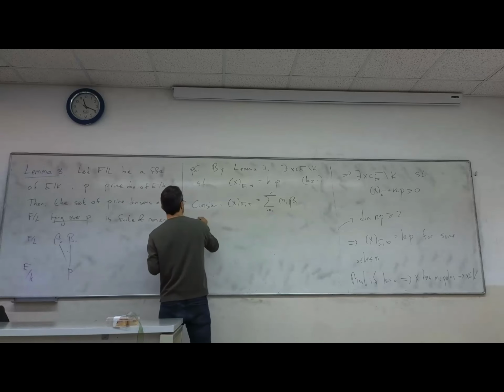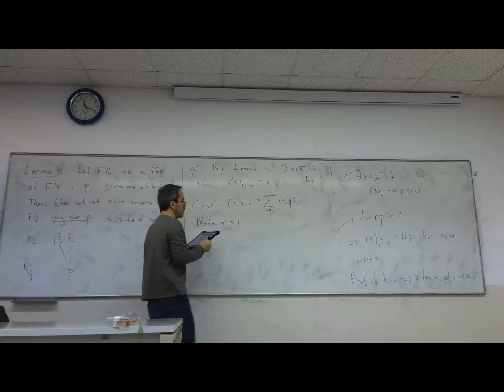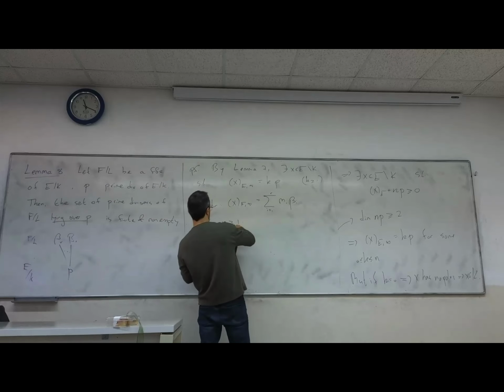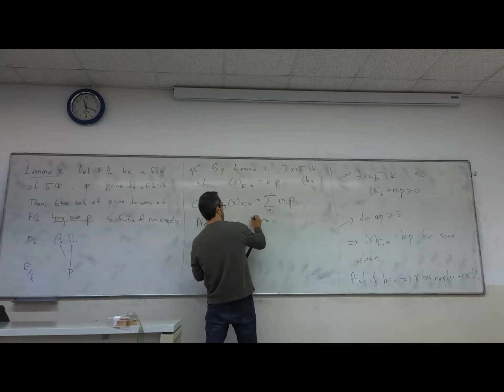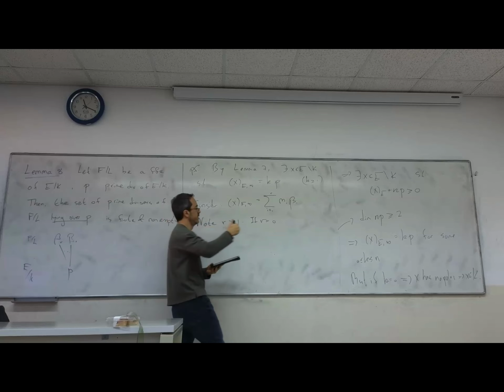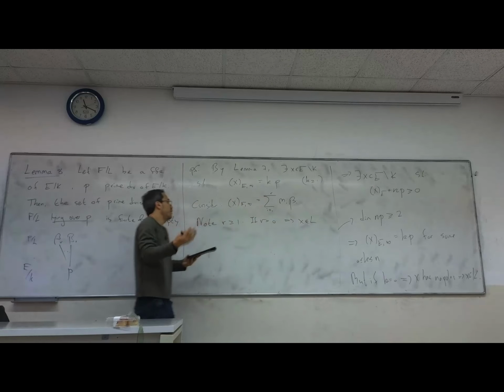So first of all, note that it's not an empty sum. Because if r is 0, if there are no poles to X, it means that it's constant in F over L. So it's in L, because F over L is a function field.